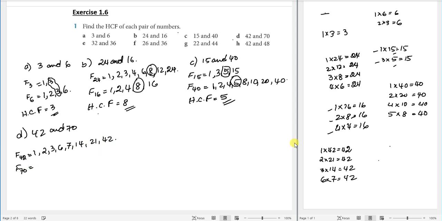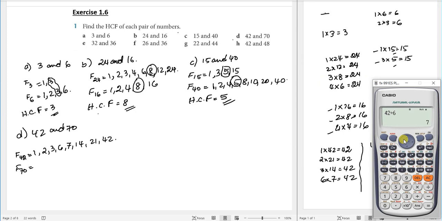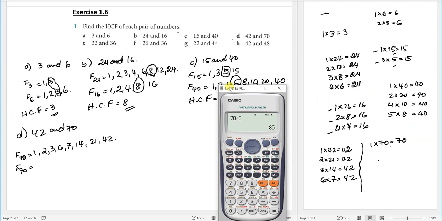F70 is equal to 1 times 70 is equal to 70. 2 times 35 is equal to 70. 5 times 14 is equal to 70.